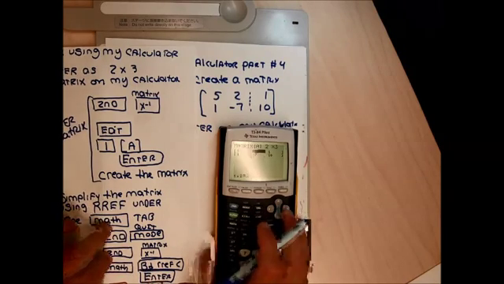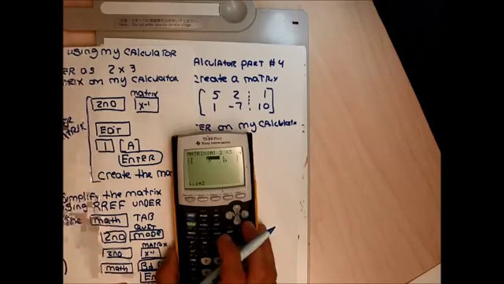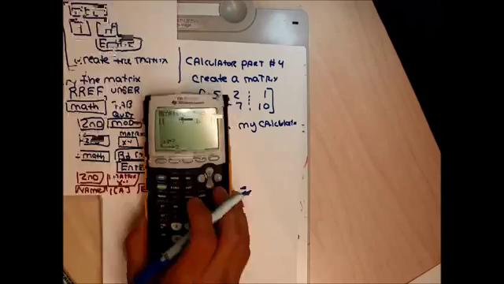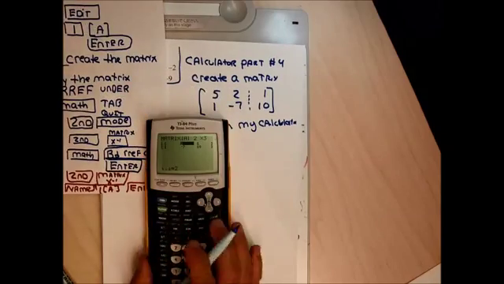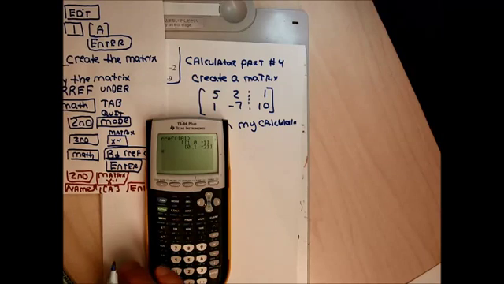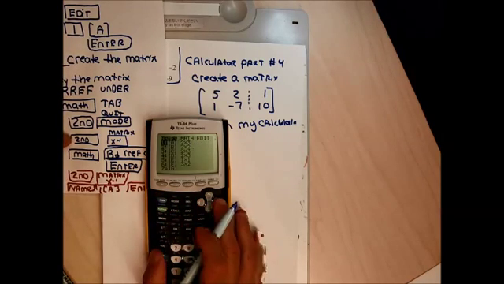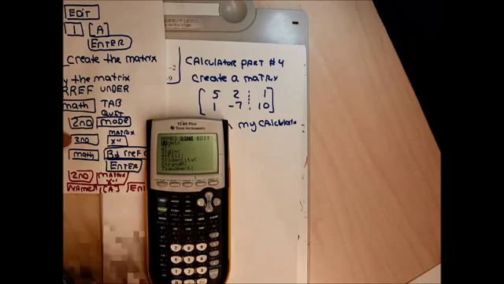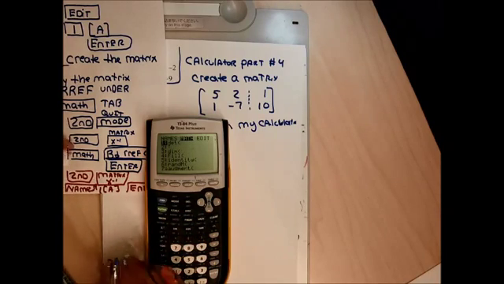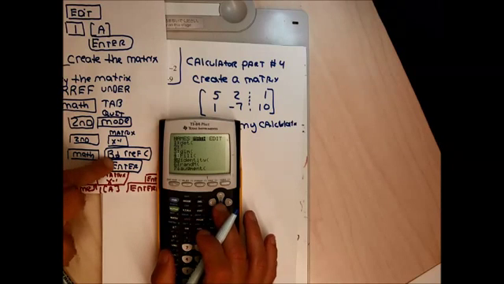And that's what I'm into next. So next I'm into my middle part here. I'm going to do the math on the matrix. And the math on the matrix needs me to do second and quit, and then second matrix, arrow over to math, and then all the way down to RREF with a parentheses.